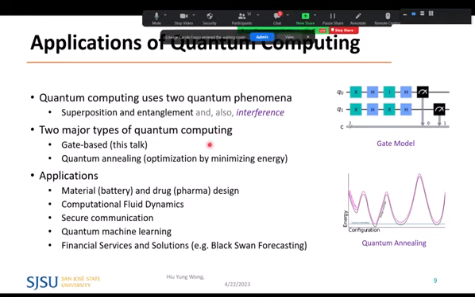There are two types of major quantum computing architecture, or paradigm. One is the gate-based, which we will talk about in this talk. It's just like the gate circuit. We have classical logic, but not exactly the same. However, we can think in this way for now, right? You have a state and you keep processing it by using different gates. Another is quantum annealing.